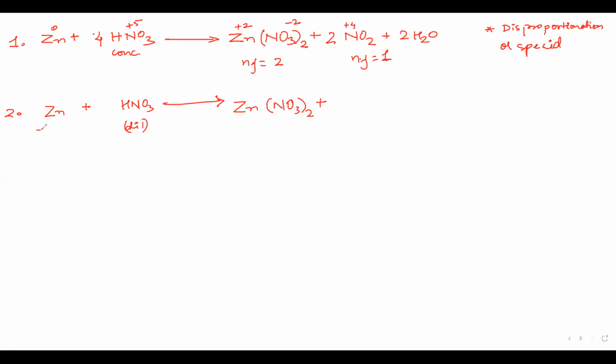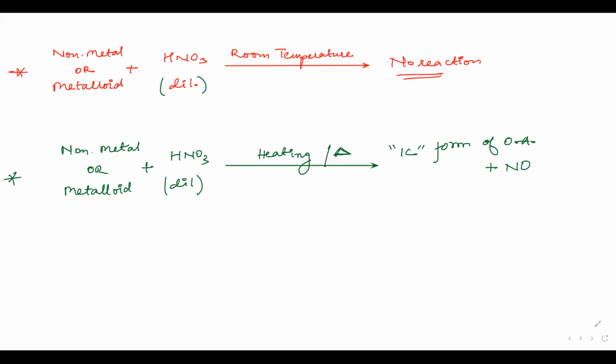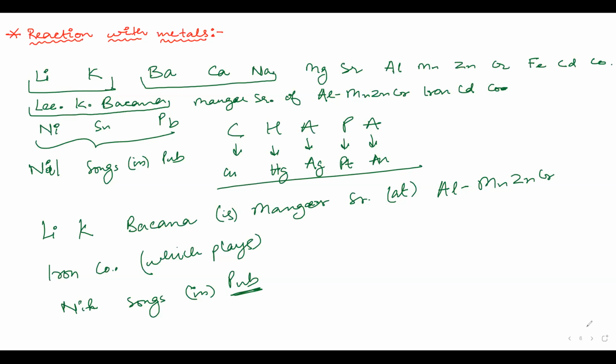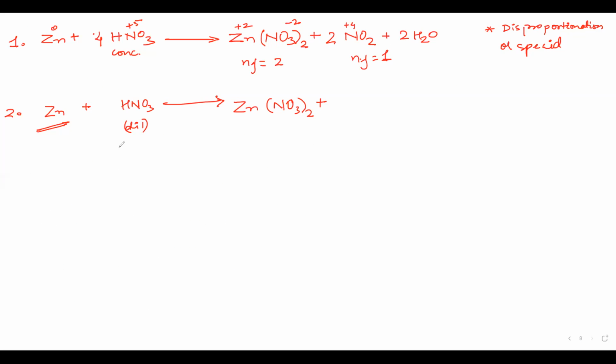Okay, first tell me, is zinc before Pb or after Pb? Yes, Nazira, zinc is in this electrochemical series, na? You see your notes and tell me, is zinc before Pb or after Pb? Zinc is before Pb.